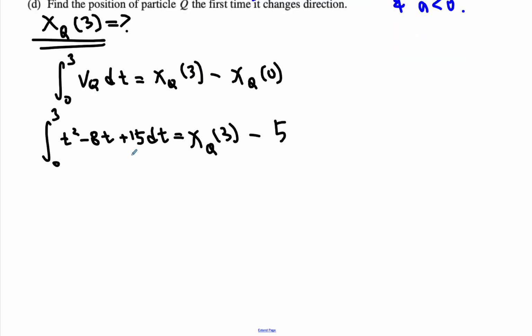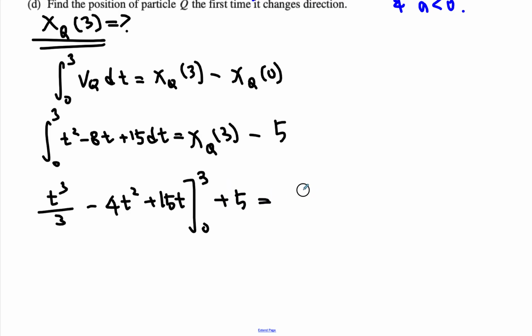Then let's look at my left side here. We get t cubed over 3 minus 4t squared plus 15t. That goes from 0 to 3. But at the end, we just have to add 5 to get x of Q of 3.